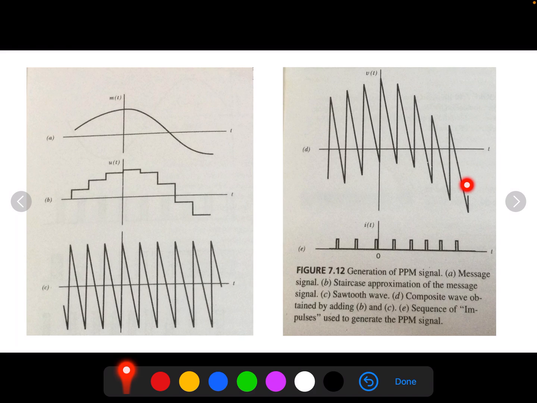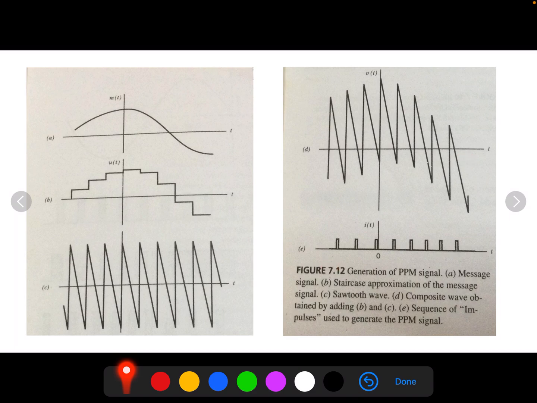Then whenever the signal crosses zero from positive to negative, wherever it is intersecting, we will have a very narrow pulse, every time this V of T cuts the zero axis.